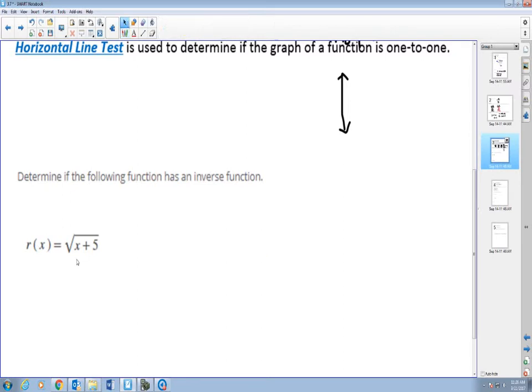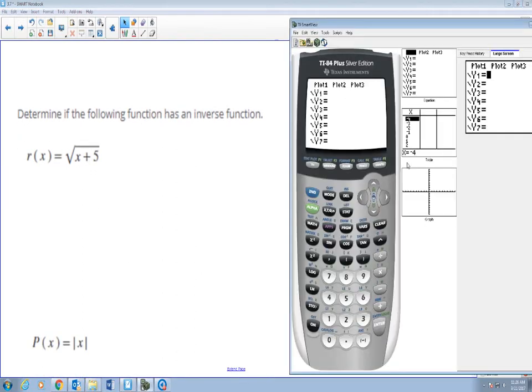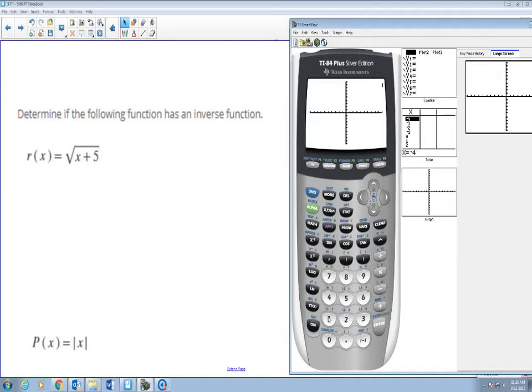So for example, determine if the following function has an inverse function. The way to test it out is to graph it. If I go to square root of x plus 5 in my calculator and graph it, this will be my picture.